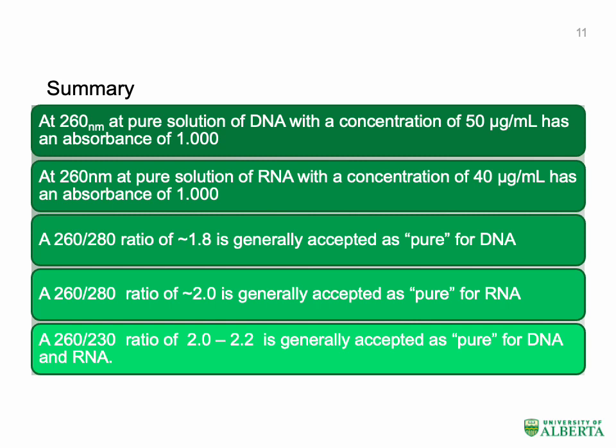A 260 to 280 ratio of approximately 1.8 is generally accepted as being pure for DNA, whereas a 260 to 280 ratio of approximately 2.0 is generally accepted as pure for RNA. A 260 to 230 ratio of 2.0 to approximately 2.2 is generally accepted as being pure for both RNA and DNA.